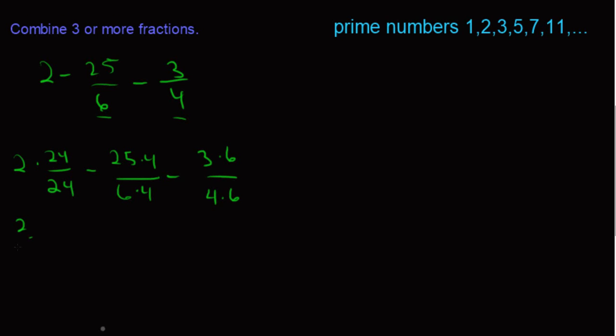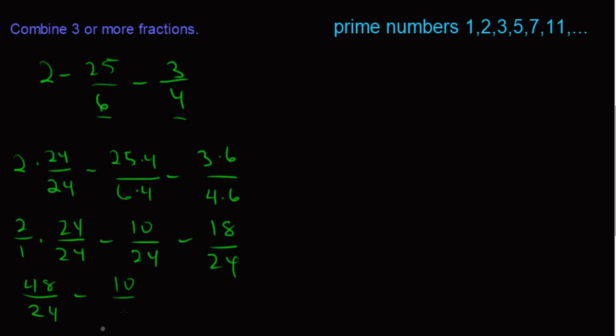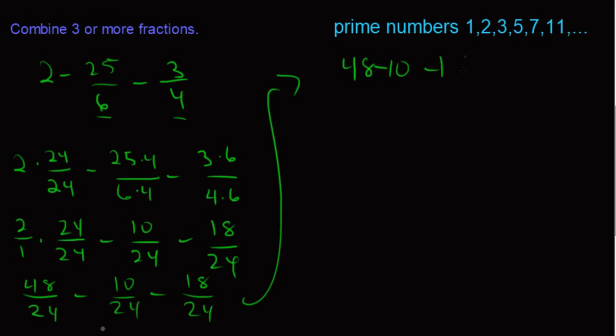So that's the same as 2 over 1 times 24 over 24 minus 100 over 24 minus 18 over 24. Same as 48 over 24 minus 100 over 24 minus 18 over 24. So I have 48 minus 100 minus 18.